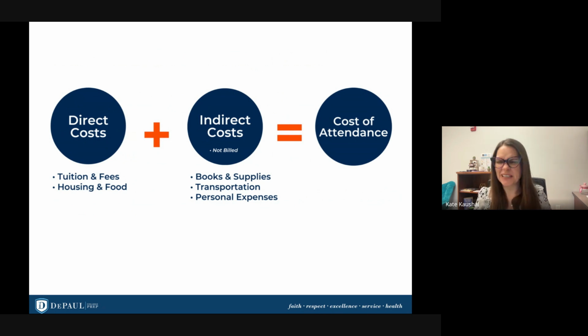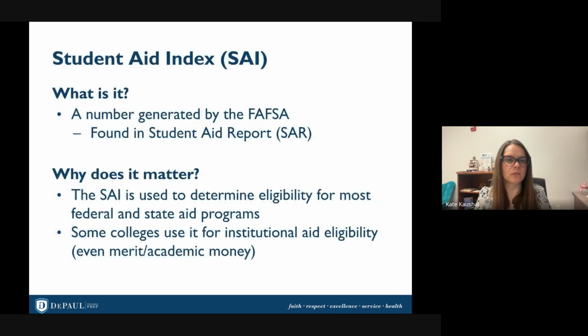Supplies, getting your hair done, transportation, getting back and forth, maybe having a car on campus. Those the colleges can't necessarily predict for you, but they give you an average of what they think it might cost, and they're not going to be demanding you give them the money for those indirect costs. They're only going to be asking you to pay them for those direct costs, and the indirect costs will be up to you on how you're shaping them.